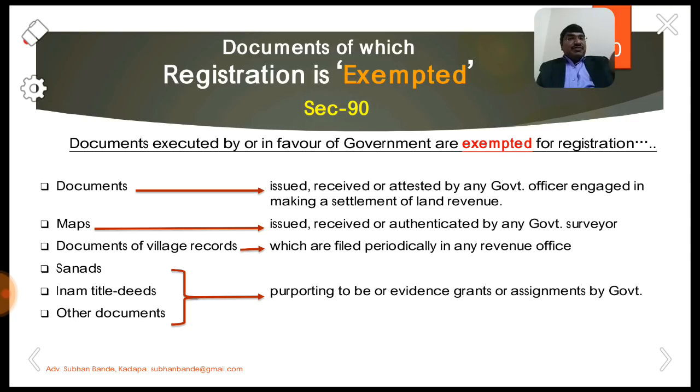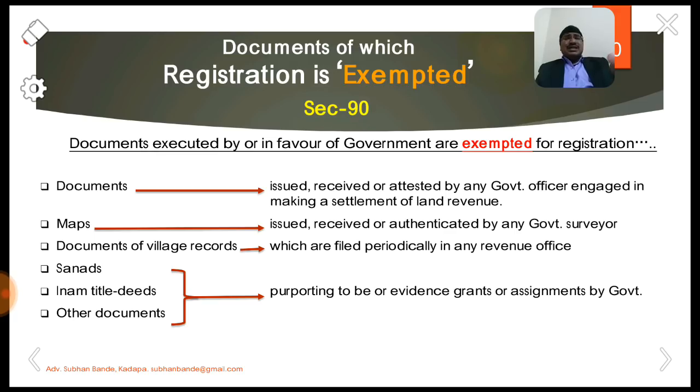Next, the documents of which registration is exempted. As under Section 90 of the Registration Act 1908, the following documents which are executed by the government or executed in favor of the government are exempted from registration. These 2 points need to be remembered. The documents executed by the government: the government is executing certain documents.